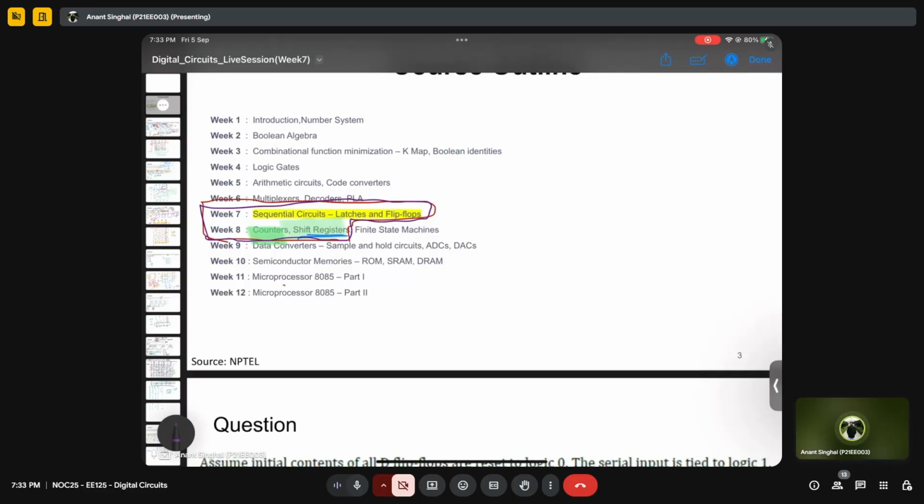In this week we have already covered counters and shift registers. The most important topic is the finite state machines that we'll be doing in the next lecture. As I said, the main content of this course started from week 6. If you have not attended the lecture, please do watch the week 6 onwards videos again, because those are the most important parts of this course.